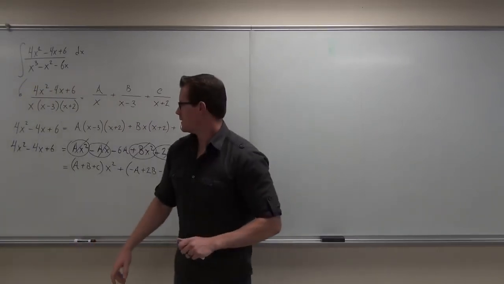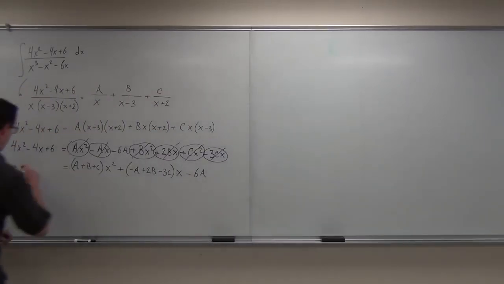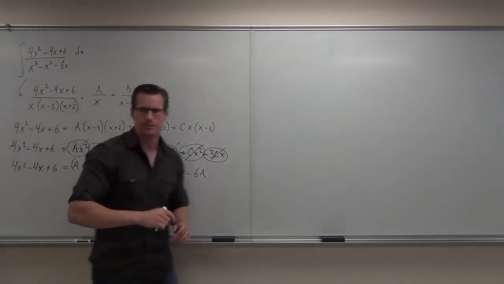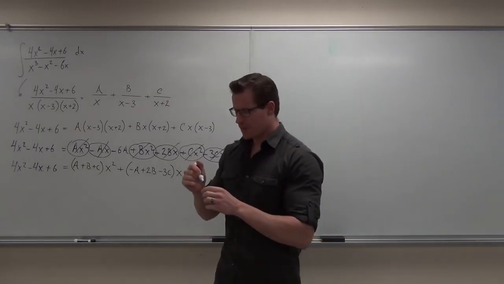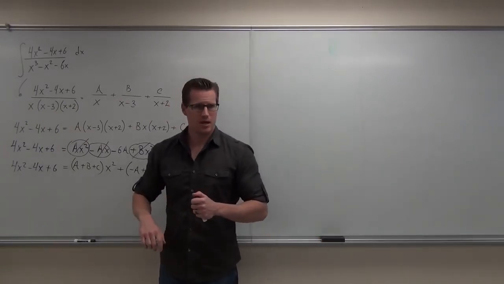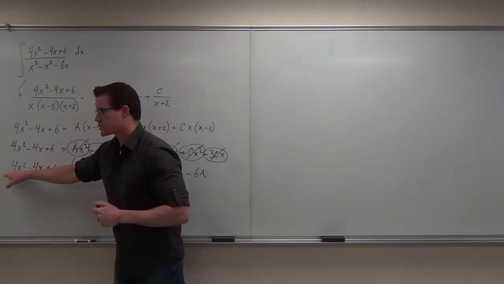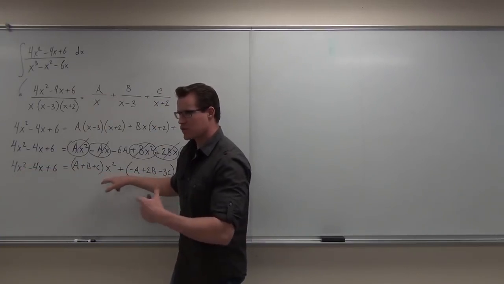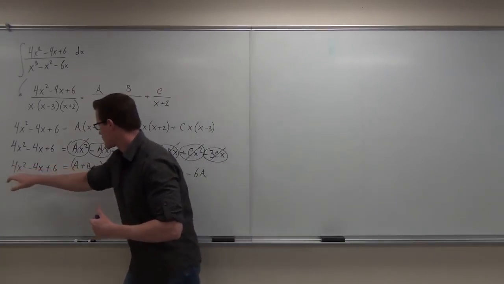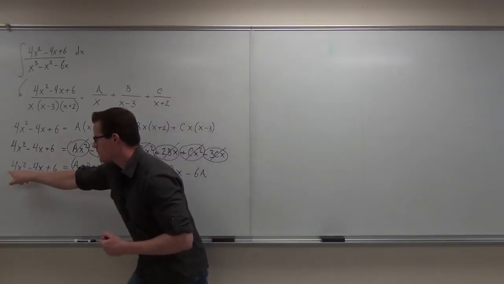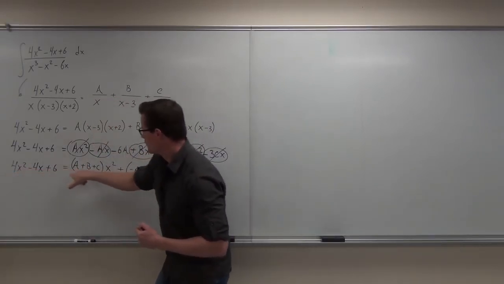Now, this is what's kind of nice about this. Check it out. What we know is that 4x squared minus 4x plus 6 equals this thing, don't we? Well, look. Let me have your eyes up here, this is kind of important. If we know that 4x squared, here's our x squared, right? Our x squared coefficients have to be equal. So if we have 4x squared and we have a plus b plus c times x squared, then this coefficient must equal this coefficient.